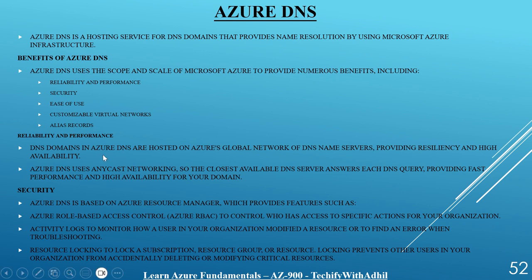So how is it able to attain this reliability and performance? Once you have your records added to your Azure DNS, those details are hosted on Azure's global network of DNS name servers. So it provides high availability. All globally available DNS name servers will have your record.